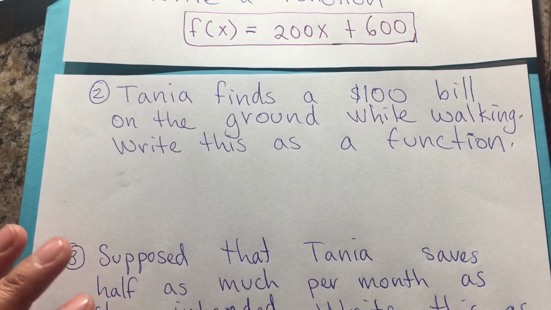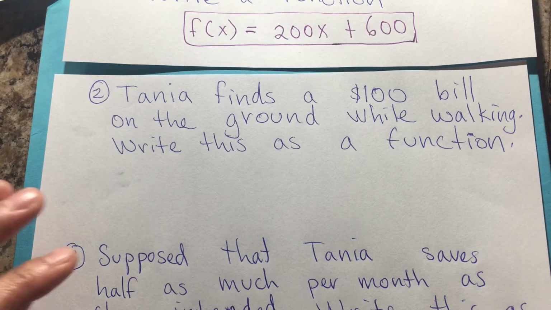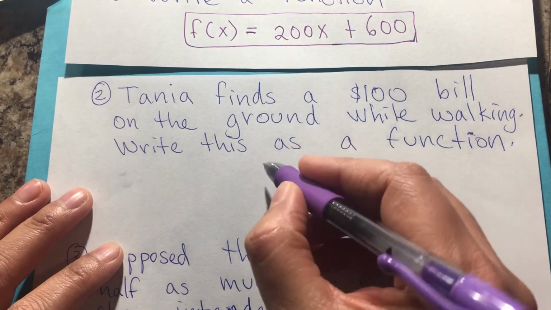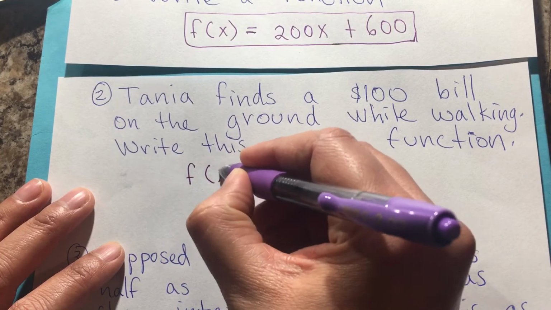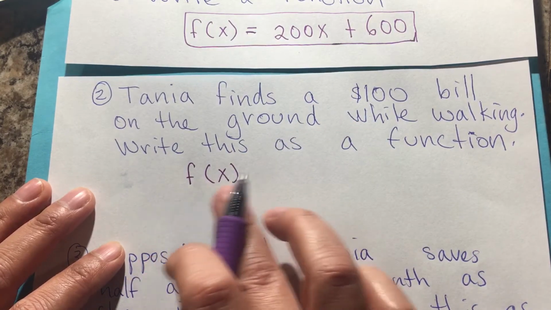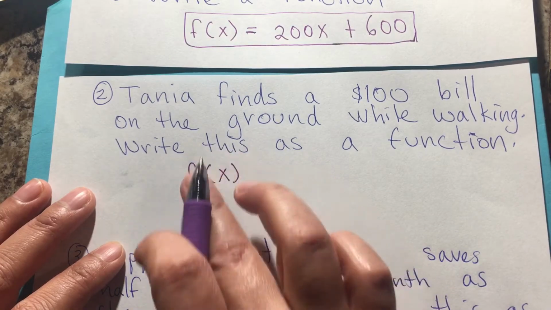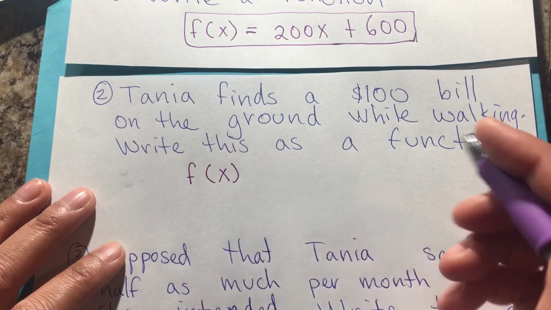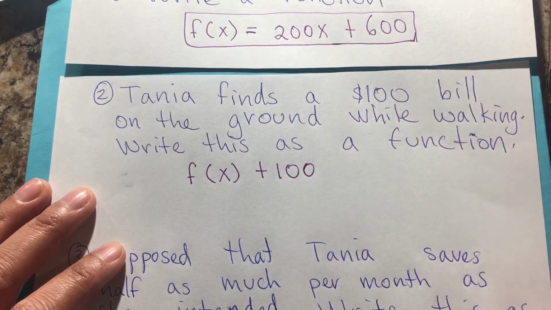Tanya finds a $100 bill on the ground while walking. Write this as a function. Basically, that means she will have the money that she usually has, again, this represents what she usually has, plus the $100 that she found.